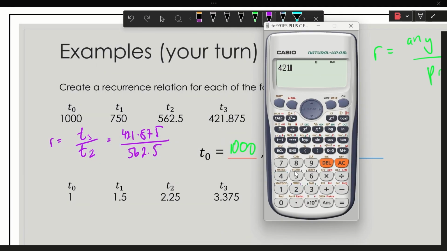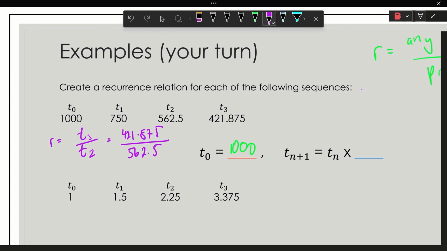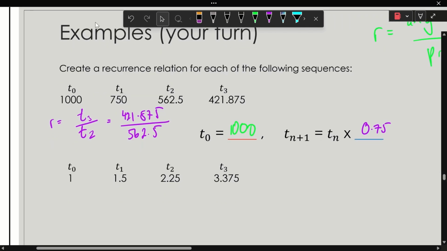So 421.875 divided by 562.5, and it equals 3/4, which is 0.75. So what's going to happen to the numbers, guys? Going down. I like it. Because it's less than 1, your terms should go down. Okay, that's what our sequence will look like here.